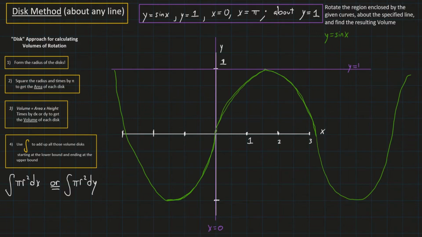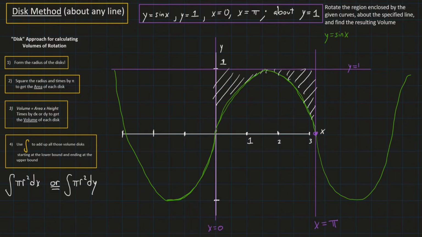X is equal to 0 are all the points that have x coordinates of 0. And x is equal to pi would be this vertical line right here, all the points that have an x coordinate of 3.14. Alright, so what region is enclosed by all these curves? It's going to be this.